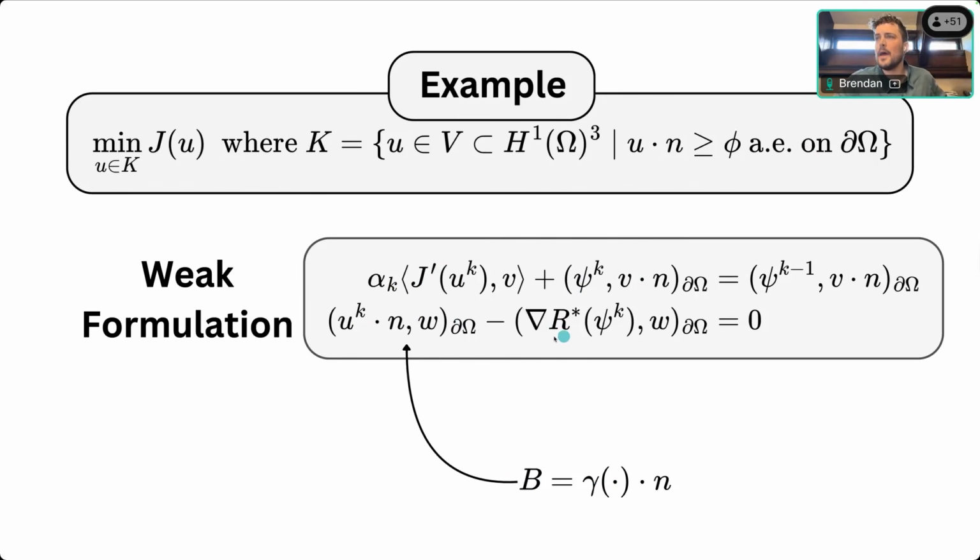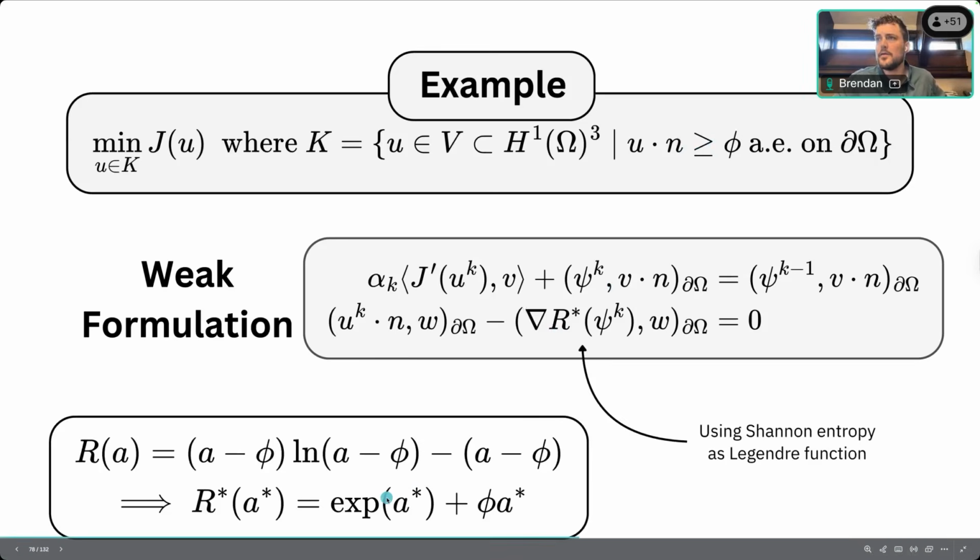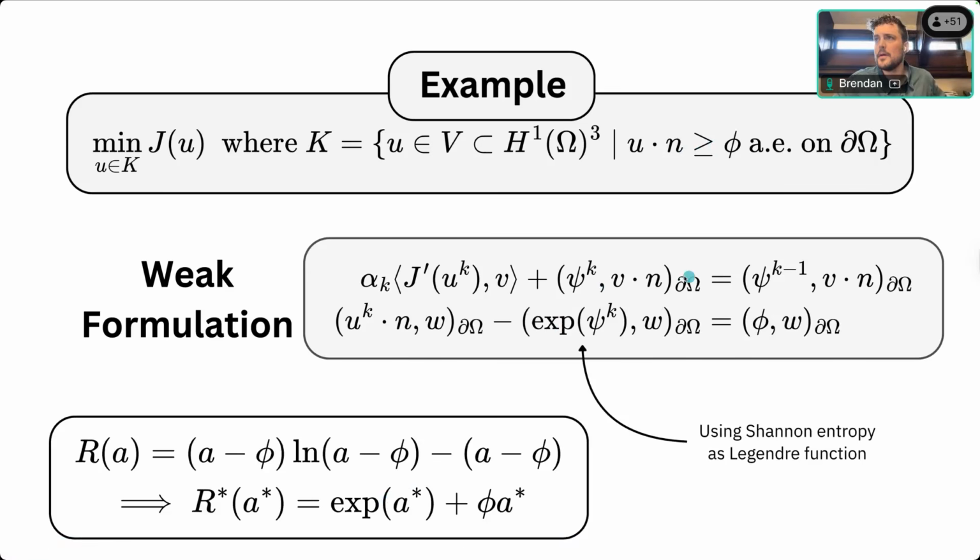But the Legendre function could still be the Shannon entropy because the constraint is unilateral. So using the exact same Legendre function as for the obstacle problem, you get a system of equations that looks like this. Now you have a variable u that's defined over the domain and a second variable that's only defined on the compact part of the boundary, but otherwise it's very similar to the obstacle problem.